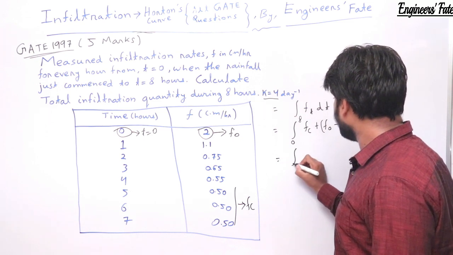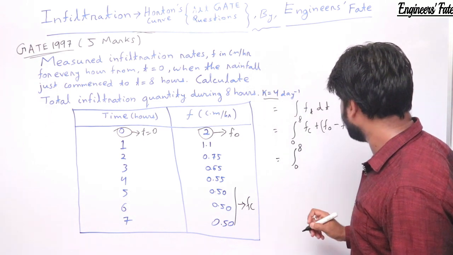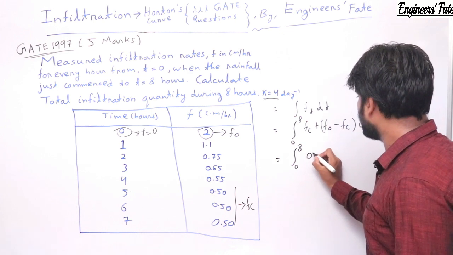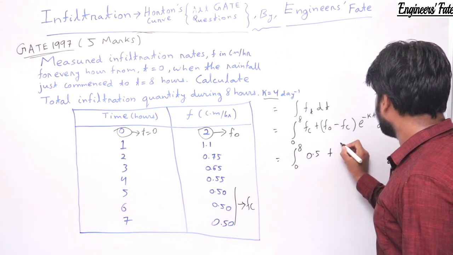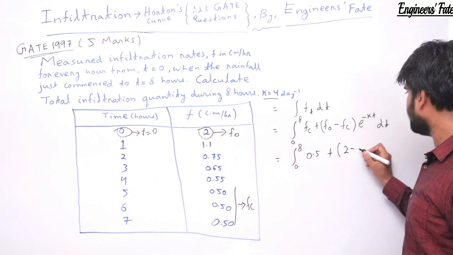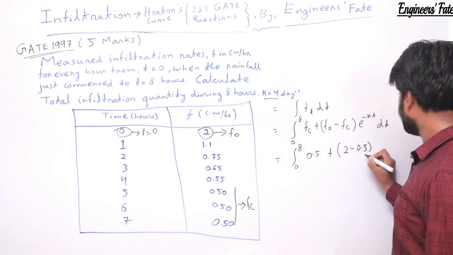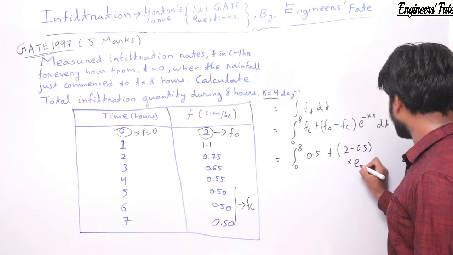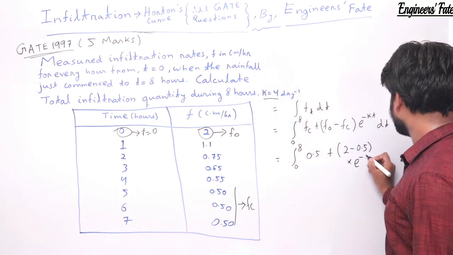So what I can write is, from 0 to 8, fc is 0.5 plus f0 is 2 minus fc, which is again 0.5, into e to the power minus 4t, dt, since k is given as 4.